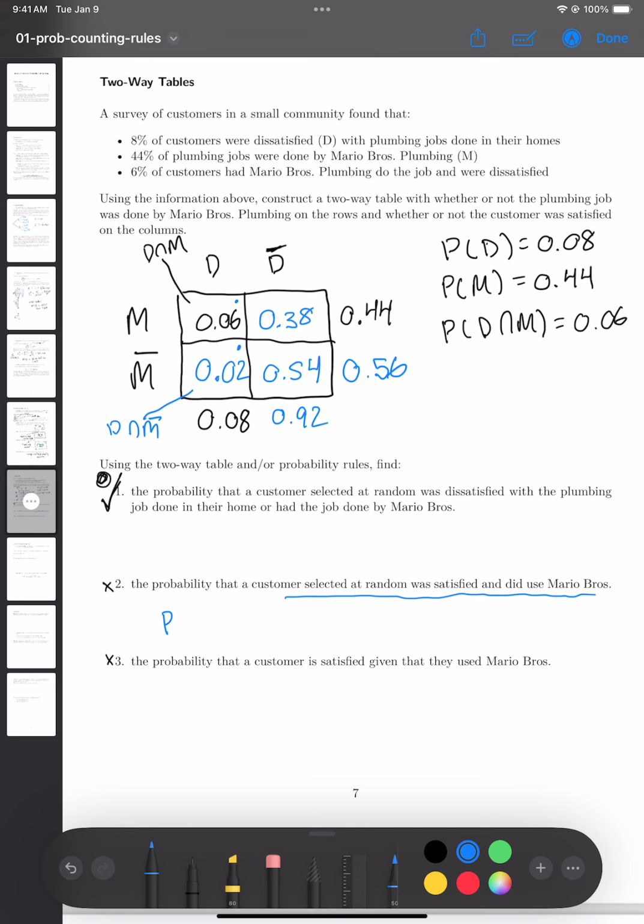So that is the probability of D bar intersect M. And again, you can figure that out by combining some of our probability rules, but it's now much more straightforward to see that I'm looking at this cell in the upper right, that is D bar intersect M, and so I just know right away that that probability is 0.38.